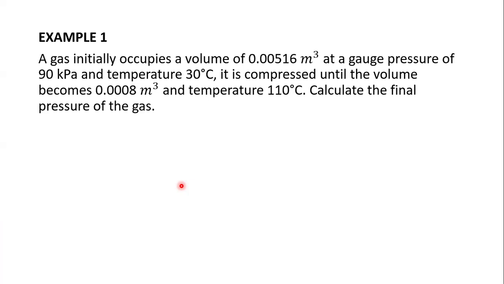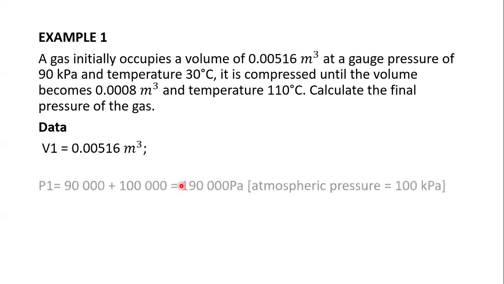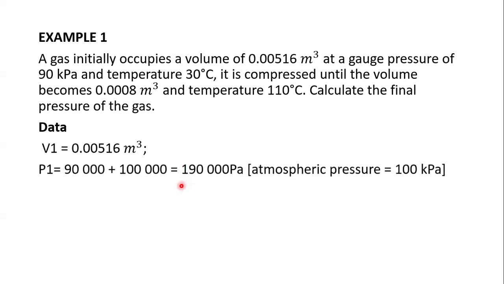Given this, we can now put together the data. First is the volume. We've been given that the initial volume is 0.00516 cubic meters. The gauge pressure was 90 kilopascals. Converting the kilopascals to pascals, we multiply by 1,000, so we have 90,000 here.